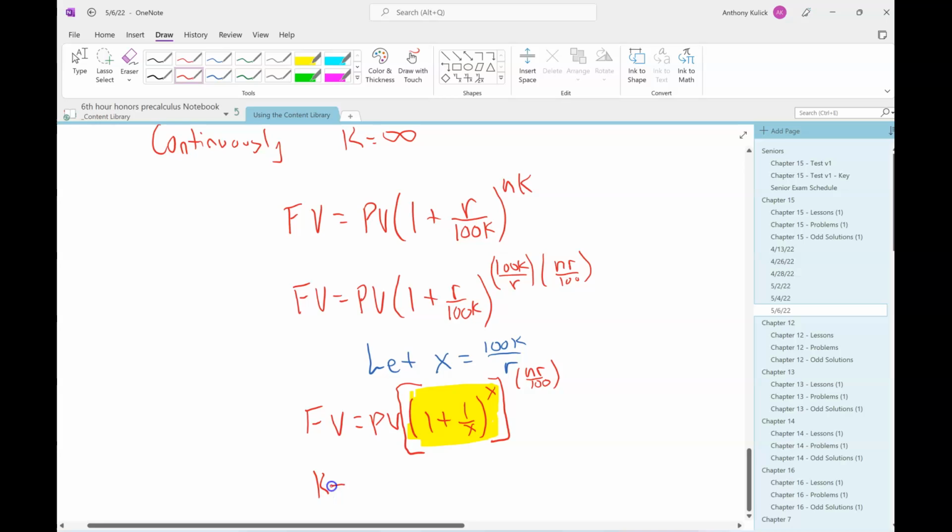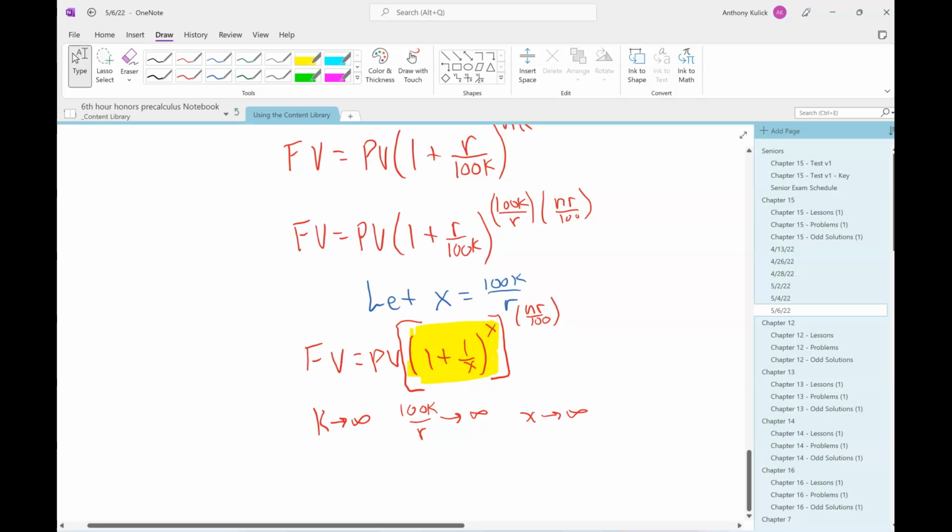So we know we have K going to infinity, right? Well, that certainly means that 100K over R would also have to be going to infinity, right? And since that's just X, X is going to infinity, right?